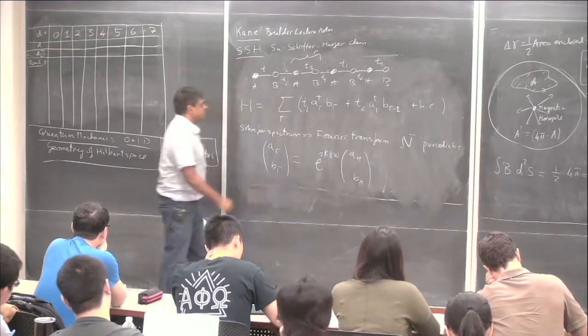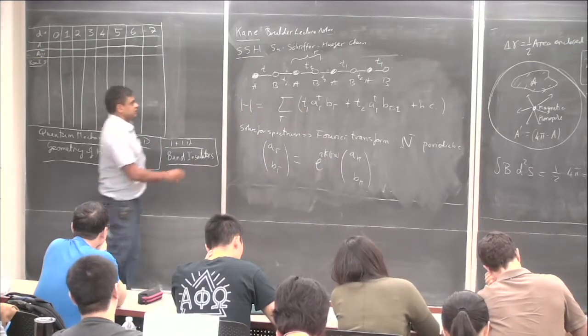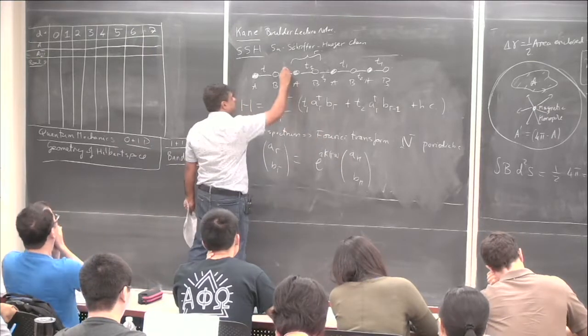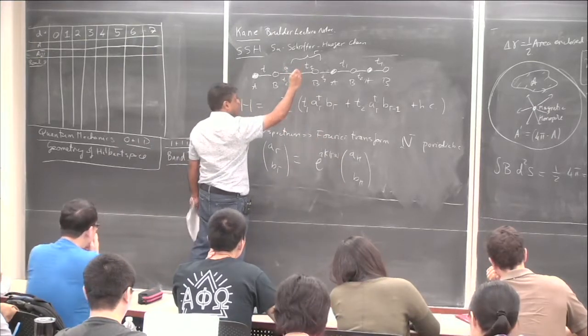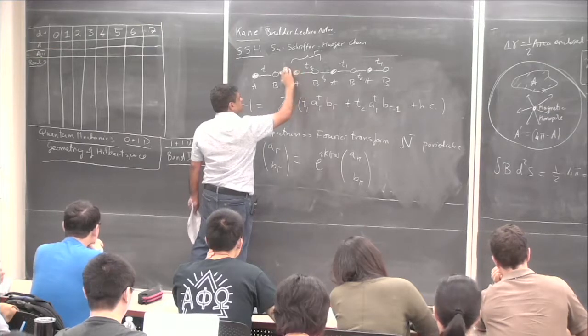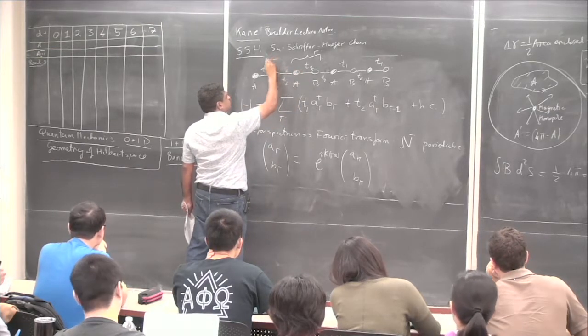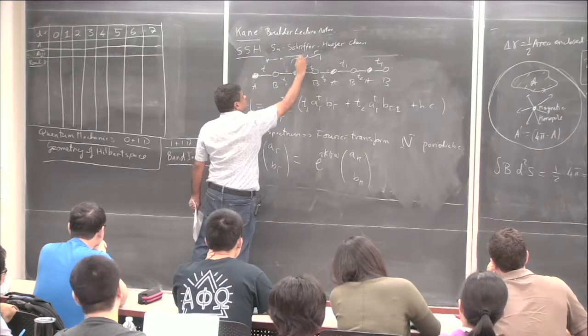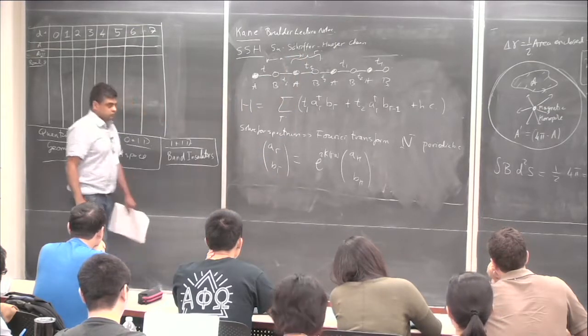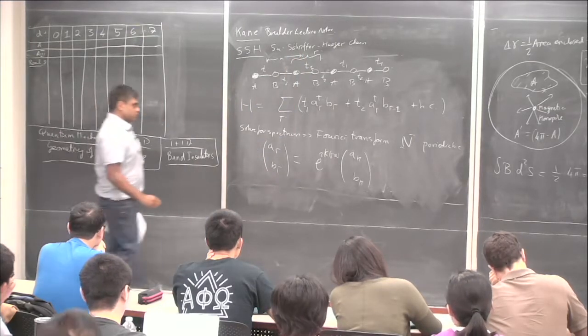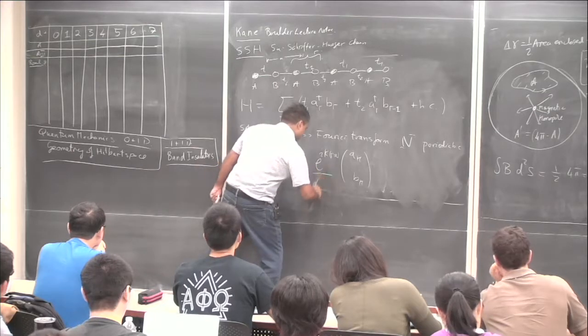I'm going to keep this factor of length a, not to be confused with this A. a is the distance between the unit cells, I guess. And there's some normalization to make sure they're all canonical operators.